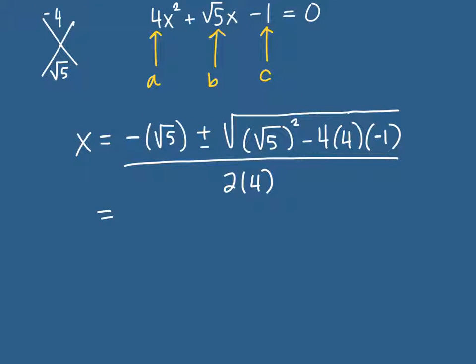So now I'm ready. The negative can go with the rad 5 just fine. And under the long square root, when I have a parentheses around something that's already a square root, but then I put a square on the outside, what happens to the square root? It's just 5. The square root 5 squared is just the number 5.